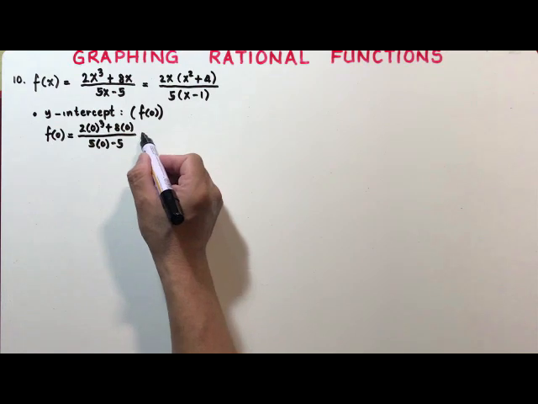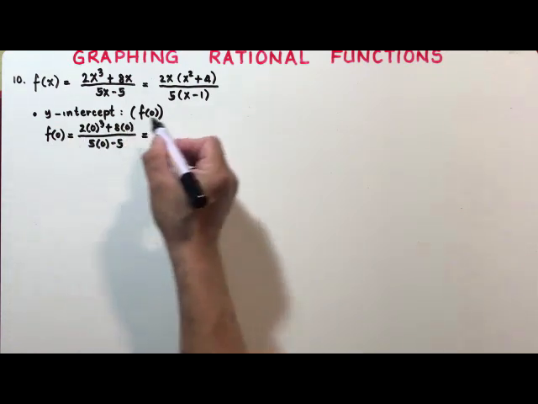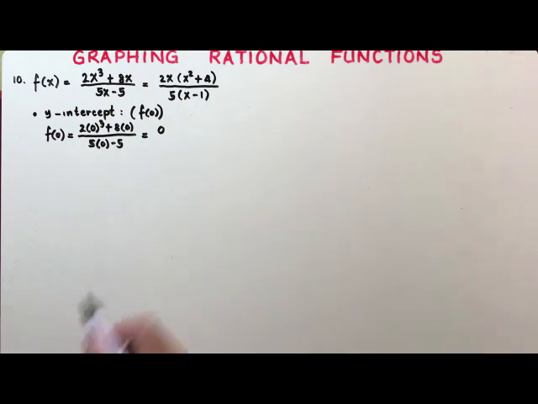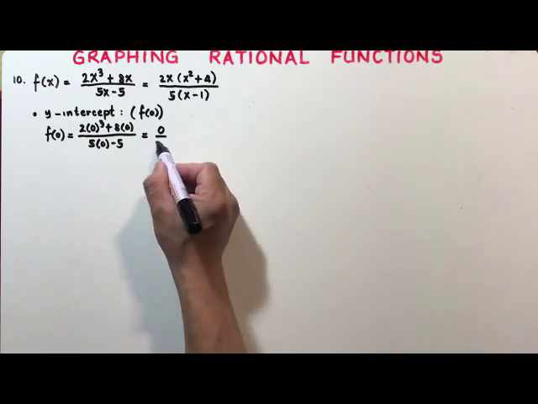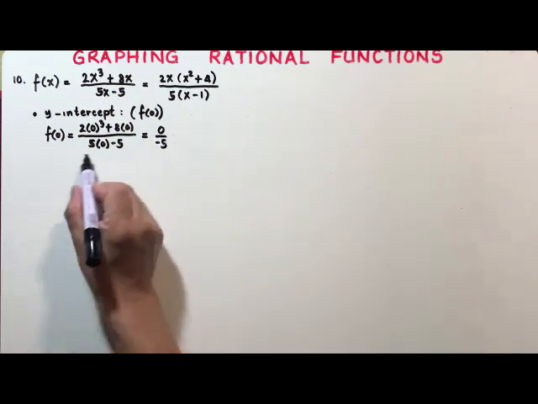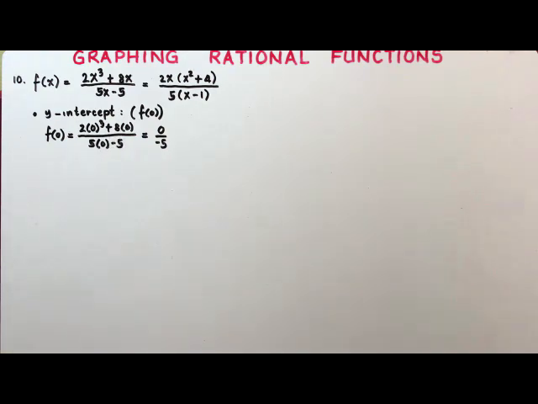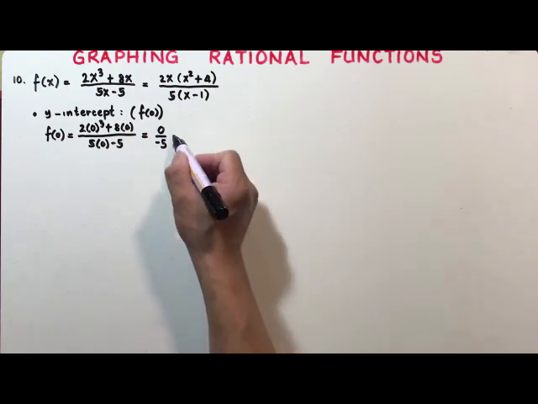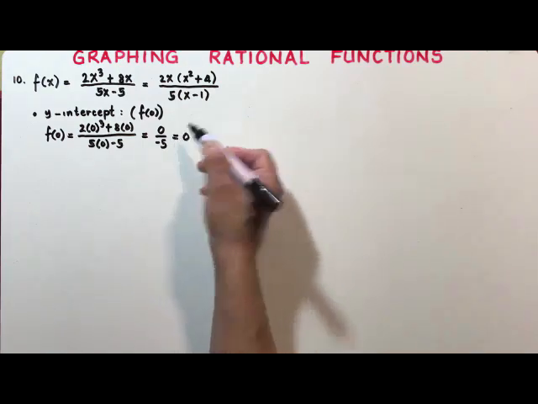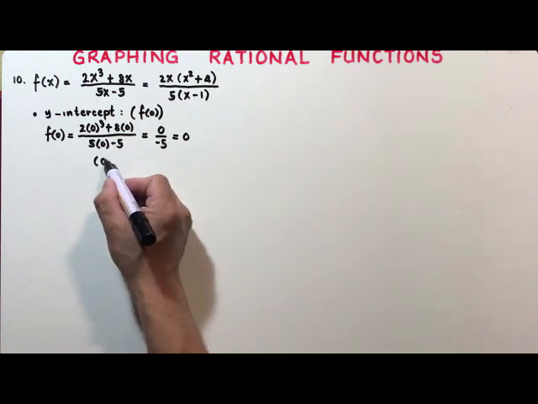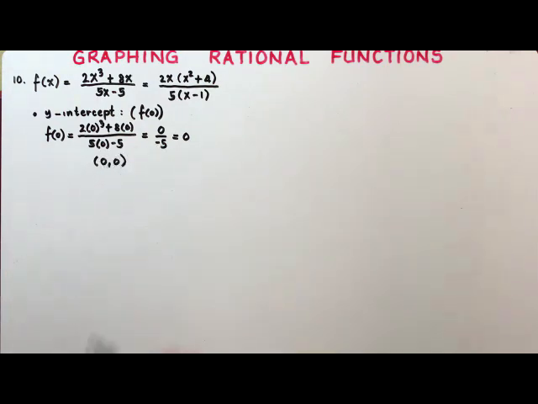So simplifying this one, the numerator goes to 0, everything because of the zeros there. And this will be divided by minus 5 because 5 times 0 is 0, but we have here a minus 5. And 0 divided by -5 is 0. So therefore, our y-intercept is at the point of origin, having coordinates of 0, 0.